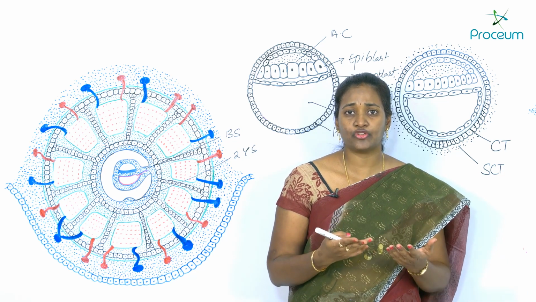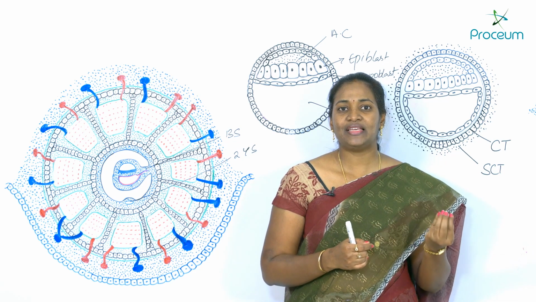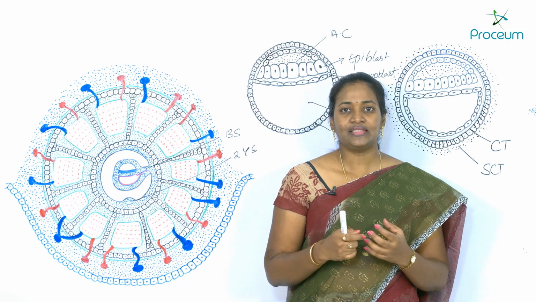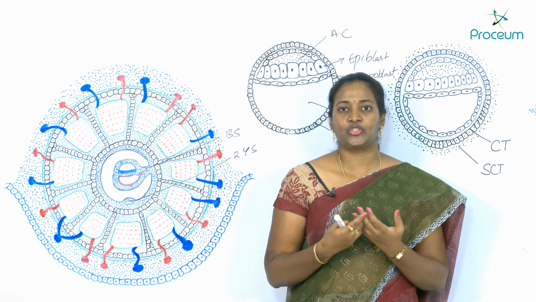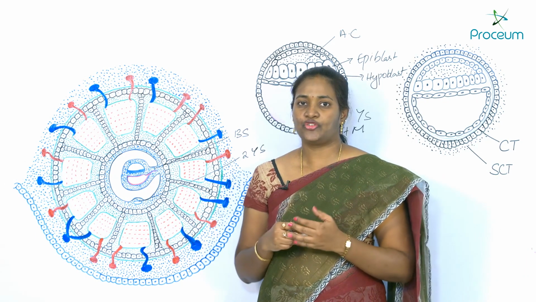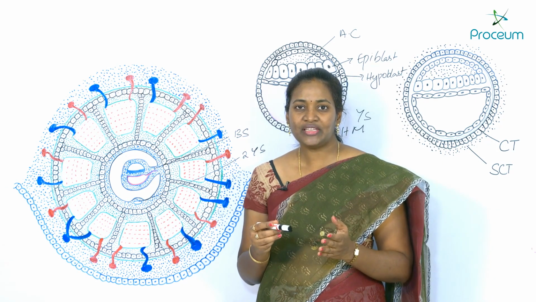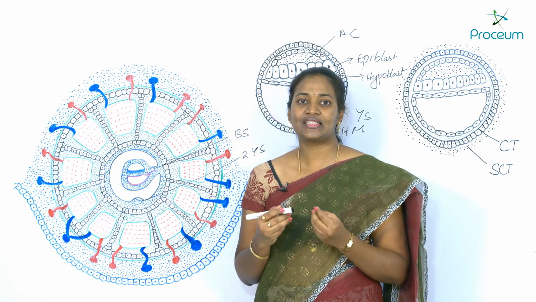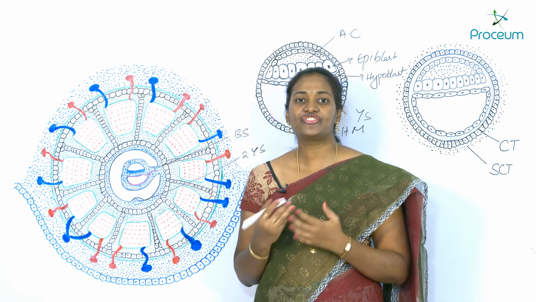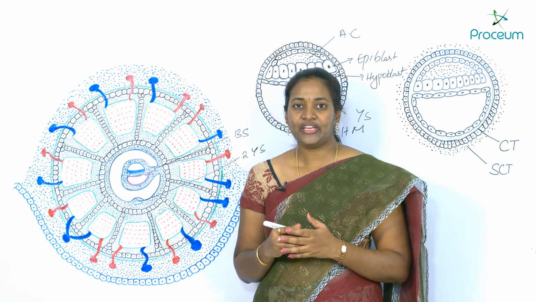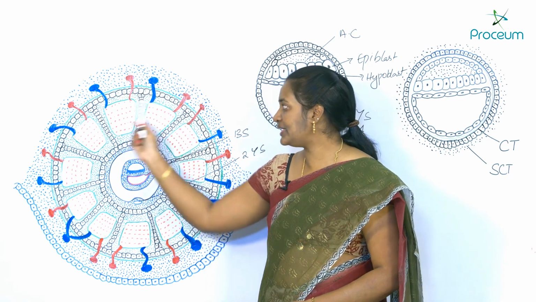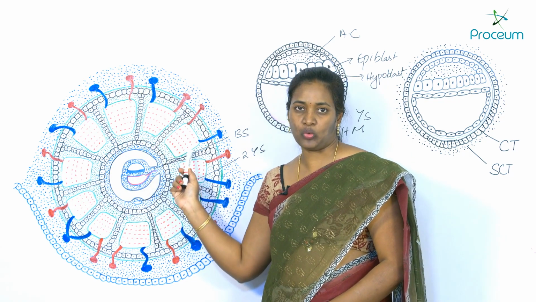Within the syncytiotrophoblast, the lacunar spaces appear, and these lacunar spaces are connected to each other. In between the lacunae, the syncytial cells present as trabeculae. The lacunae are more numerous at the embryonic pole.